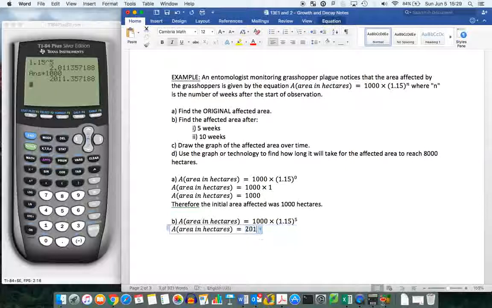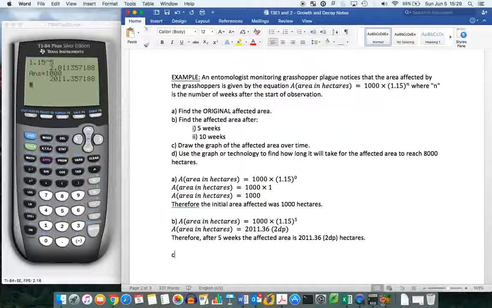That is going to be 2011.36 to 2 decimal places. Therefore, after 5 weeks, the affected area is 2011.36 to 2 dp hectares.